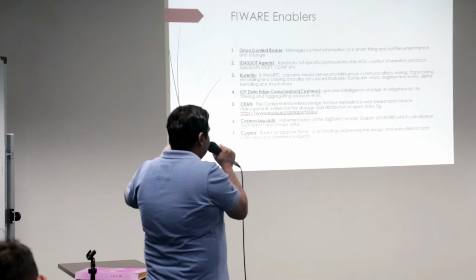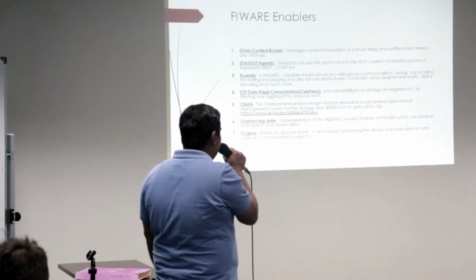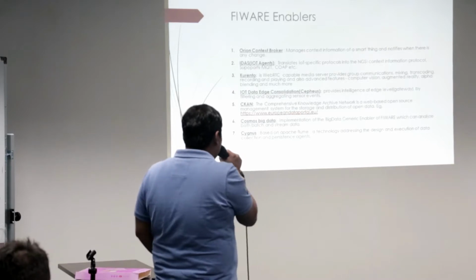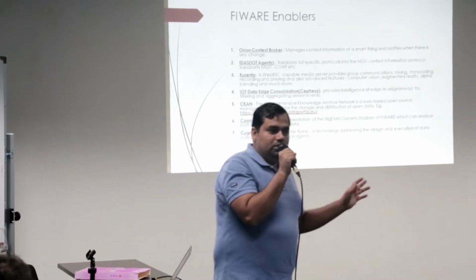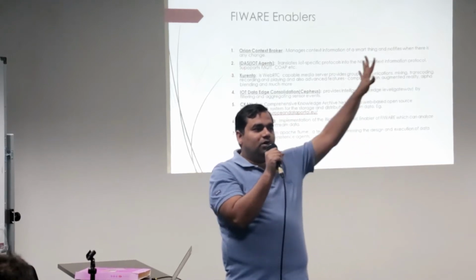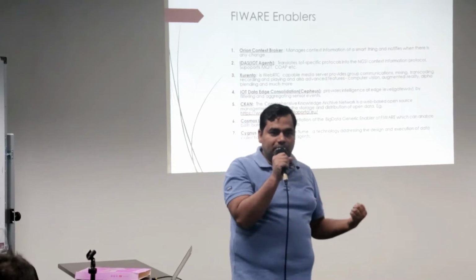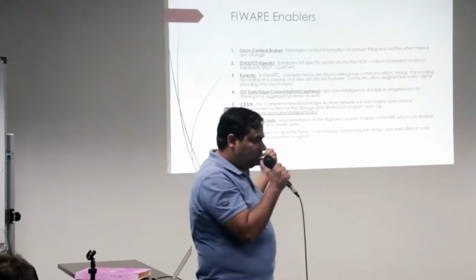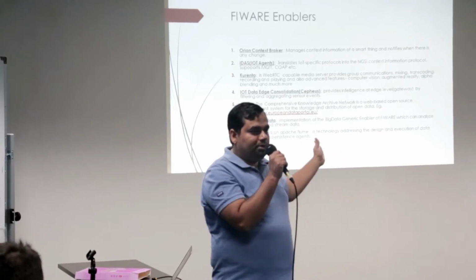CKAN, we talked about it. It's the Comprehensive Knowledge Archive Network by definition, and it's open source also. Then Cosmos Big Data. So you have collected all this data, and you can have multiple streams for historical data. You can send the data to CKAN, and at the same time you can send the data to Hadoop.